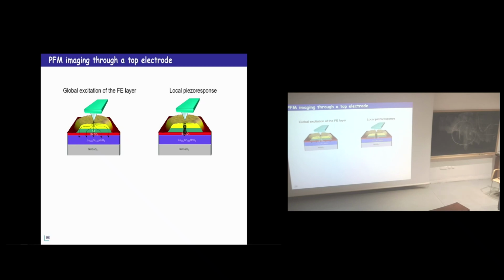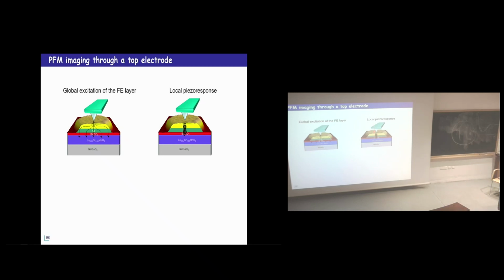Okay, we'll see that a little bit after. So here also I would like you to understand that it is possible to make PFM imaging through an electrode. Of course, if you apply an AC voltage here, this is let's say a gold pad, and this is a ferroelectric material. If you apply an AC voltage on the probe, this voltage is going to be exactly the same on all the pads, and everybody is going to oscillate depending on the orientation of the polarization.